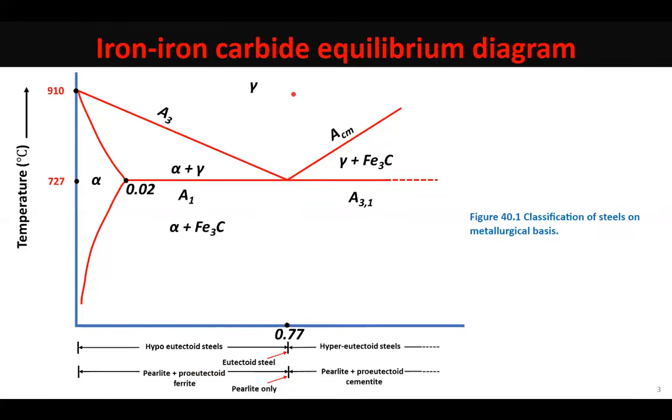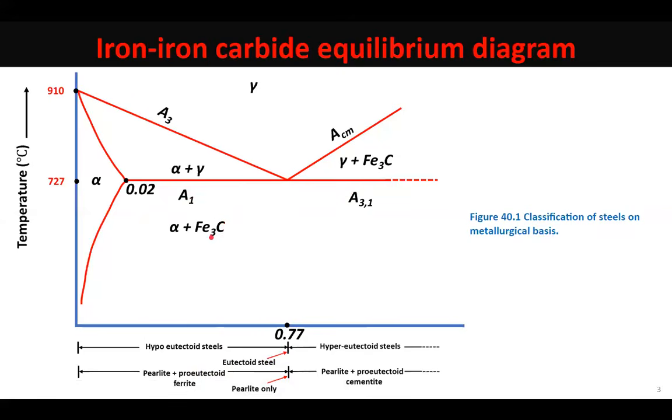But if somebody asks you that in any of these steels, how many phases are there under room temperature conditions or just below the eutectoid temperature, you see phases are only two: ferrite plus cementite.